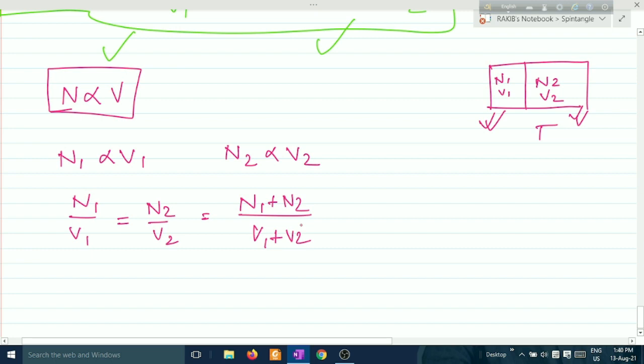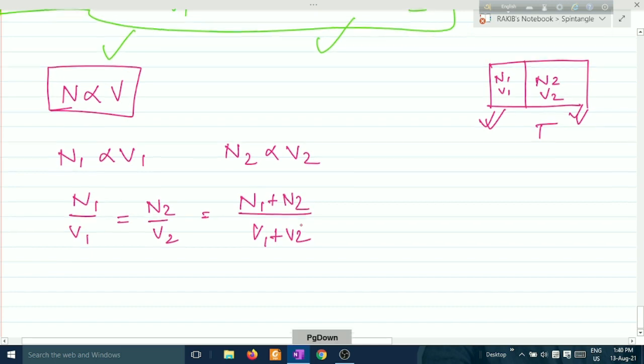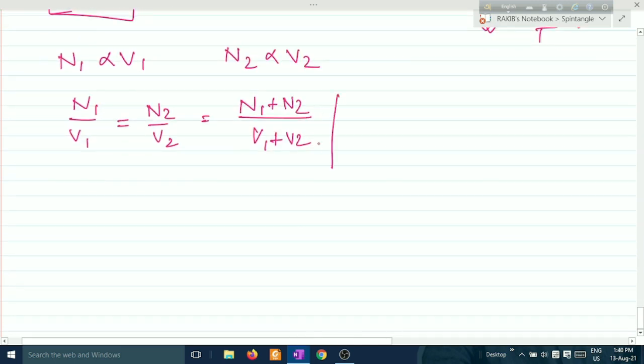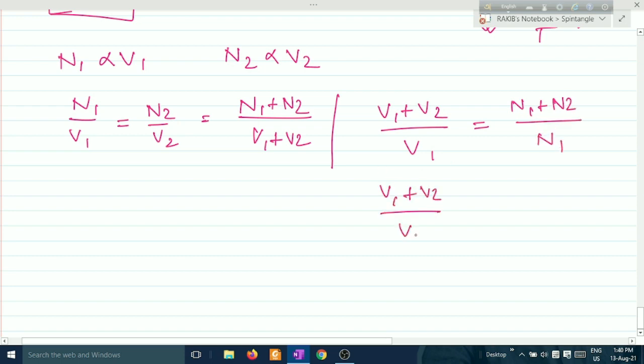This means that I can write (V1 plus V2) by V1 equal to (N1 plus N2) by N1, and also (V1 plus V2) by V2 equal to (N1 plus N2) by N2, because they are in a linear proportionality relation.